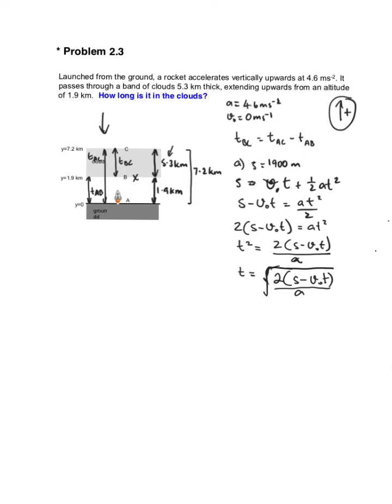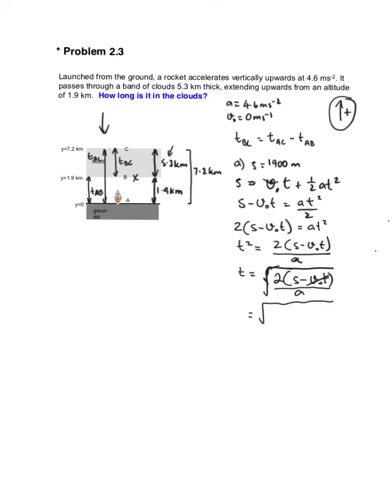So we can start putting some values in now. It's pretty good because this bit disappears, since V naught is 0. And you can notice that I haven't put any numbers in until right at the end.